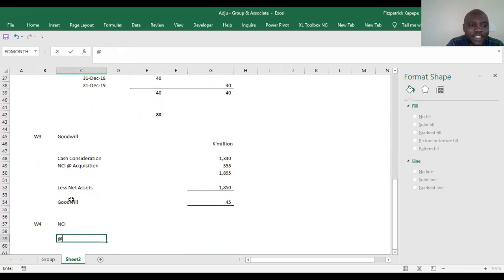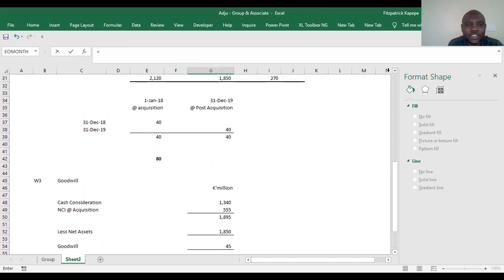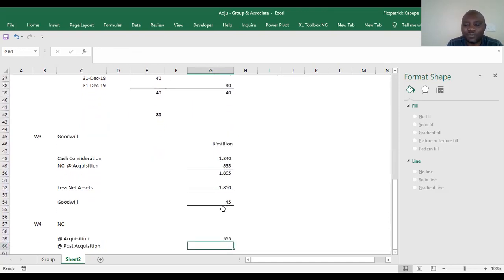So you look at acquisition and post-acquisition. Here, at acquisition, you just pick the one that you have already calculated from goodwill, working 3.